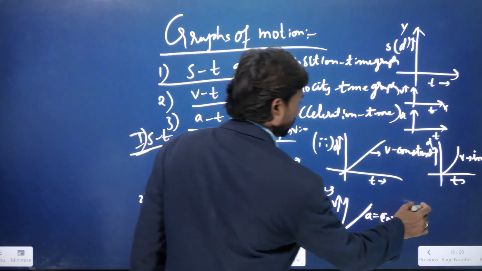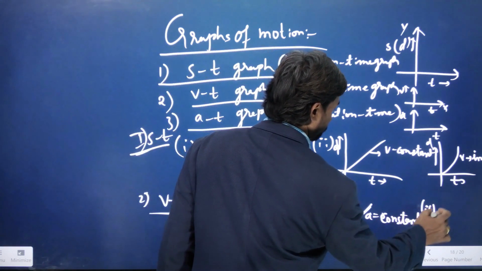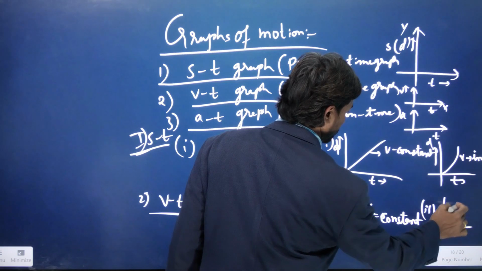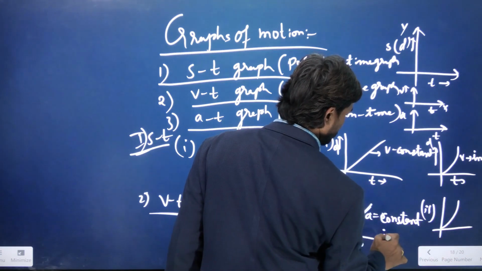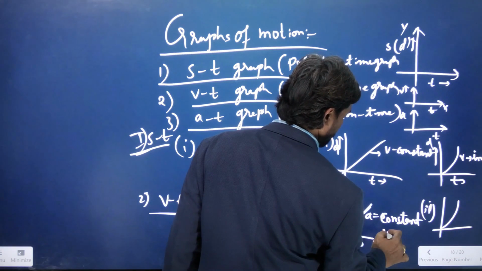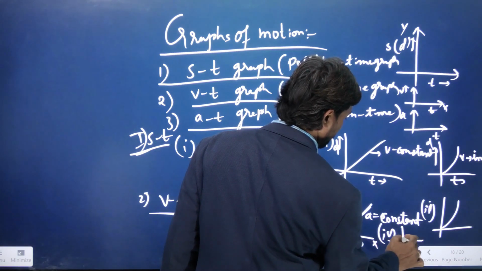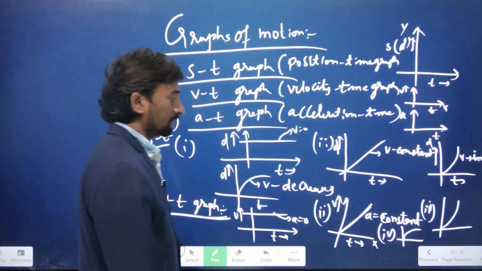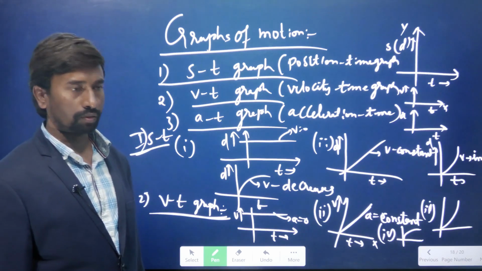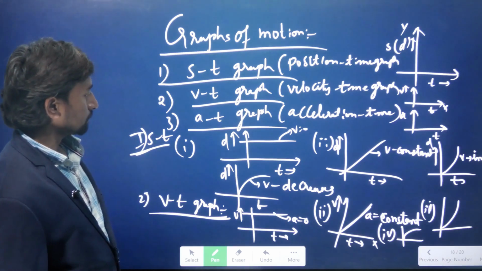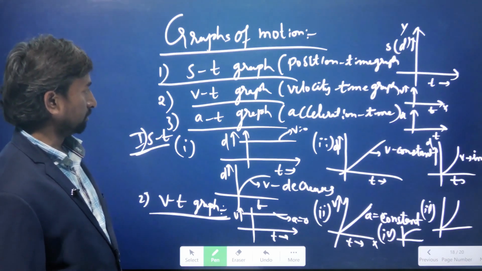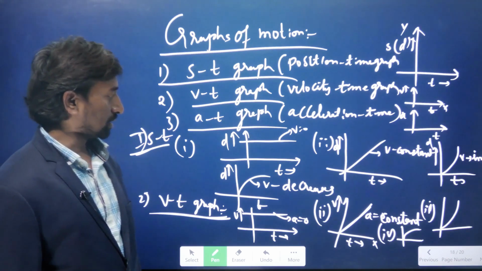Next, the third one: if the body is moving with increasing acceleration, we'll get a graph like this. And the fourth one: if the body is moving with decreasing acceleration, we'll get a graph like this, or we can say non-uniform acceleration. Okay, so these are the graphs of motion, and the final one is the acceleration-time graph.